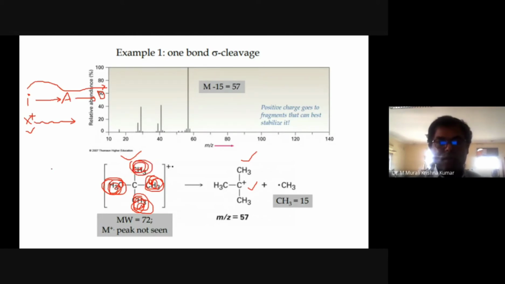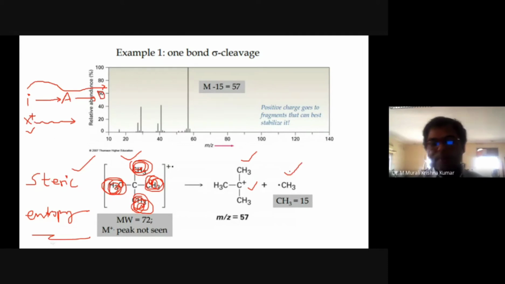So you will have a lot of steric hindrance. So it tends to relieve its steric hindrance by fragmentation. That's the reason why it is eager to fragment. Thereby you are getting a tertiary butyl carbocation as the base peak.